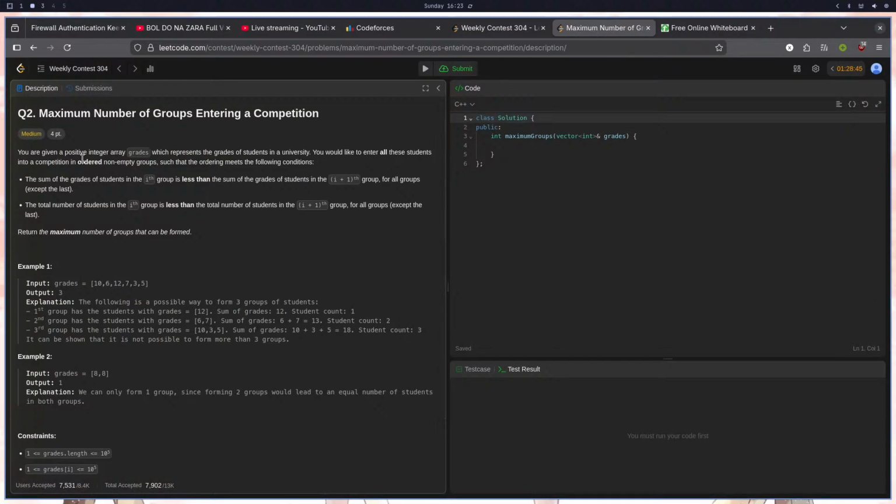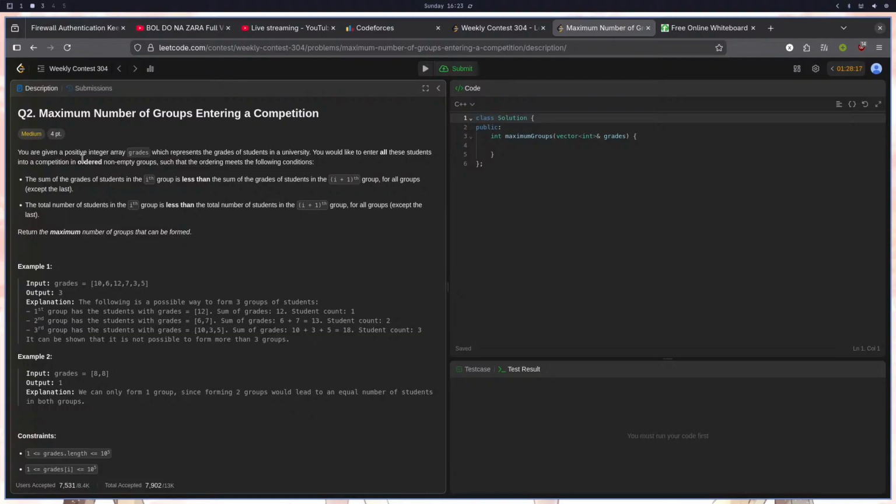You are given a positive integer array grades which represents the grades of students in an Indian university. You would like to enter all these students in non-empty groups such that the sum of the grades of students in the ith group is less than the sum of the grades in the i+1 group for all groups except the last.